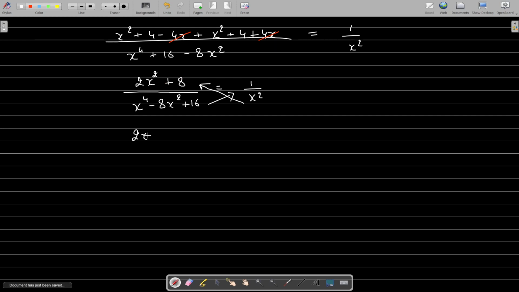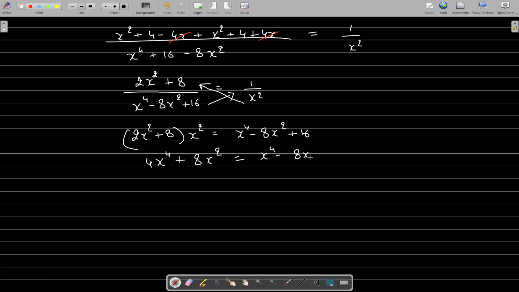So I get 2x squared plus 8 into x squared is equal to x power 4 minus 8x squared plus 16, or 2x power 4 plus 8x square is equal to x power 4 minus 8x square plus 16.